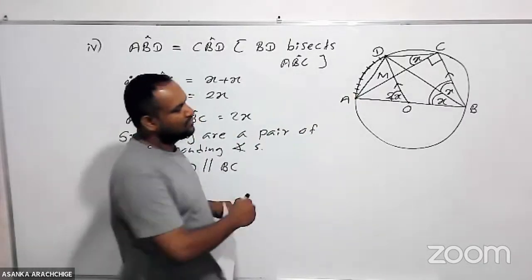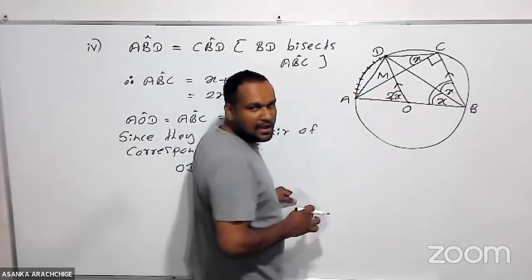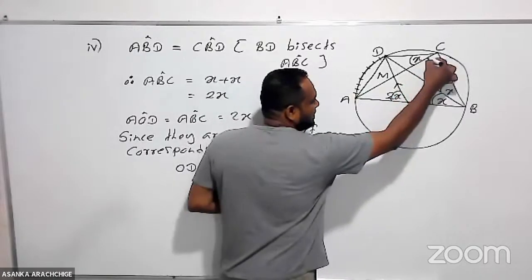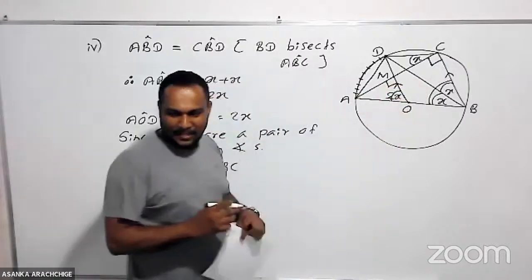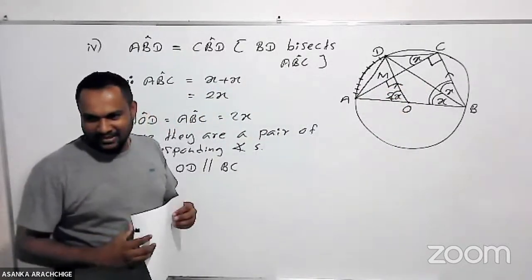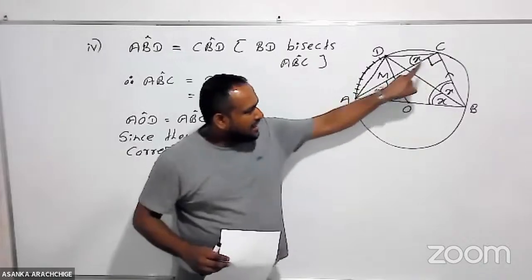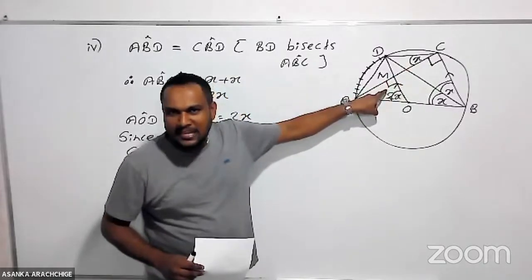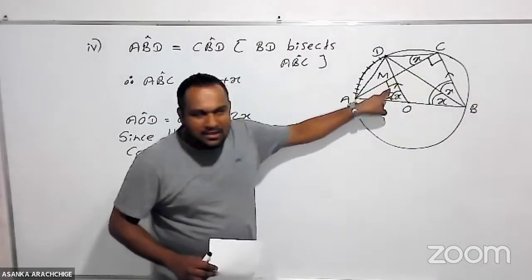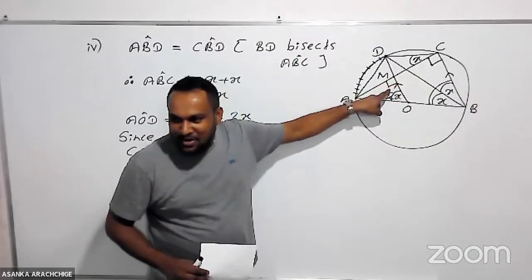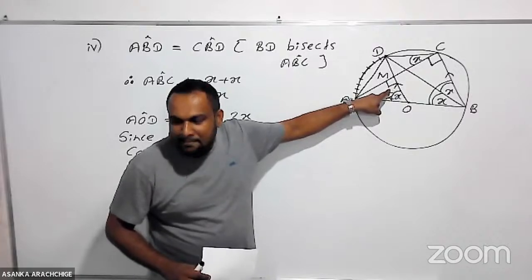Now look, if these two lines are parallel, and tell me, if this is 90, is this 90? If this is 90, I say that this is also 90. Is that true? Yes, because they are a pair of corresponding angles between parallel lines.